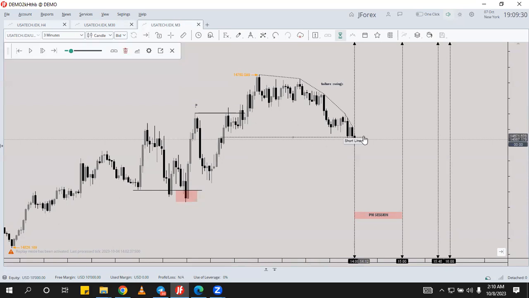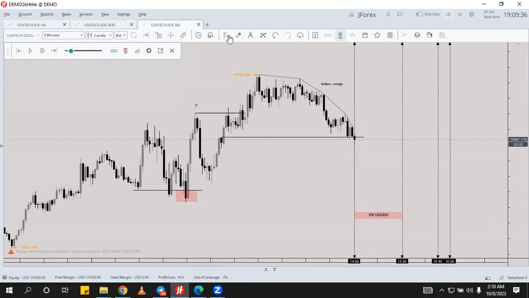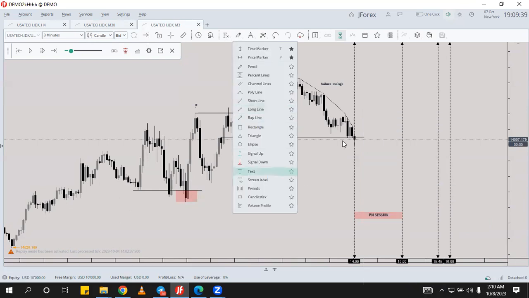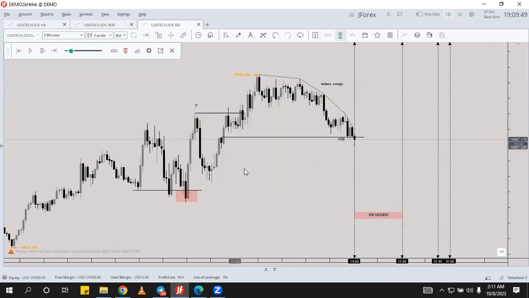So meaning price is basically reacting to an order block right at the start of the PM session, right? Let me mark it there. And as you can notice, this order block is right at the start of the PM session, 2 p.m. New York time.